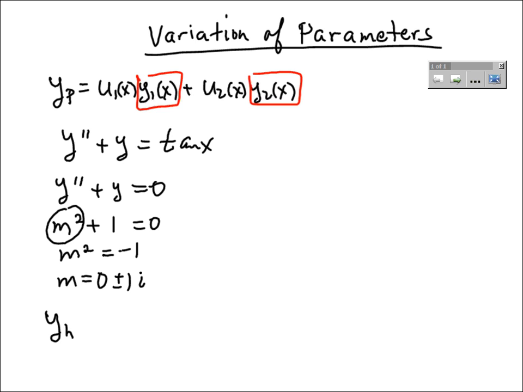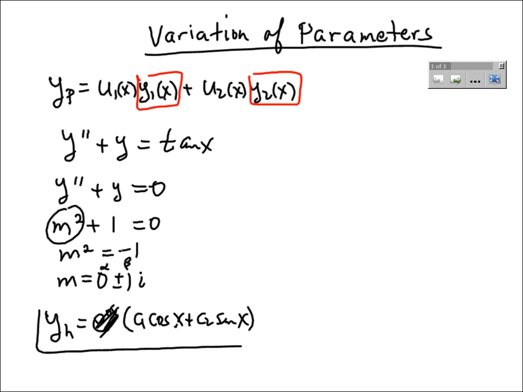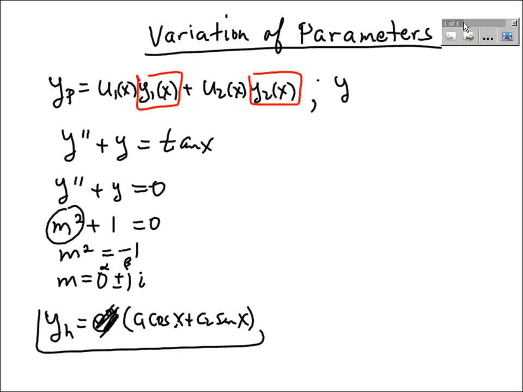So the homogeneous solution will be e to the 0x, e to the alpha x, and b is 1, times c1 cosine of 1x plus c2 times the sine of 1x. And this 1 in front we don't need. So that is the homogeneous solution. Y homogeneous is c1 cosine x plus c2 sine x.